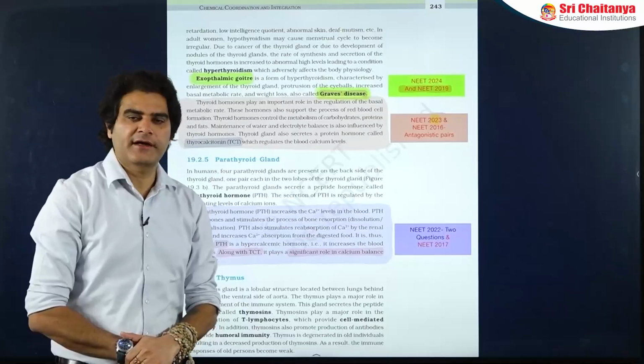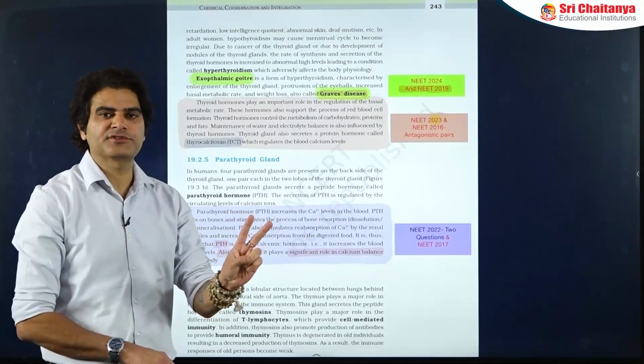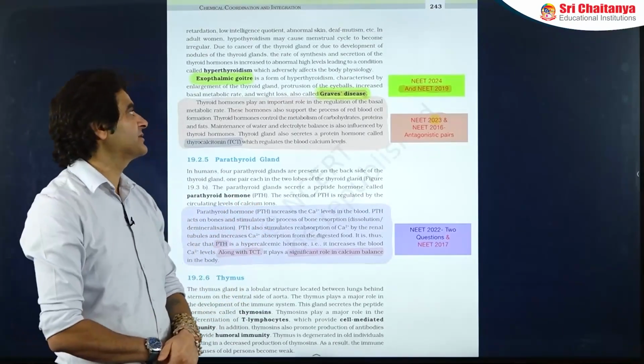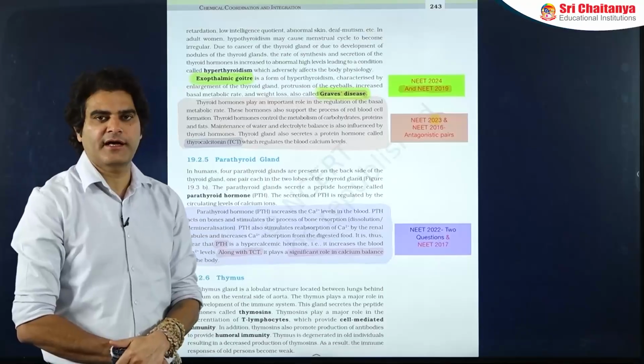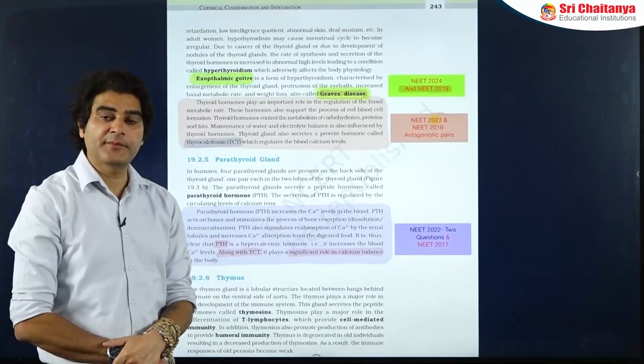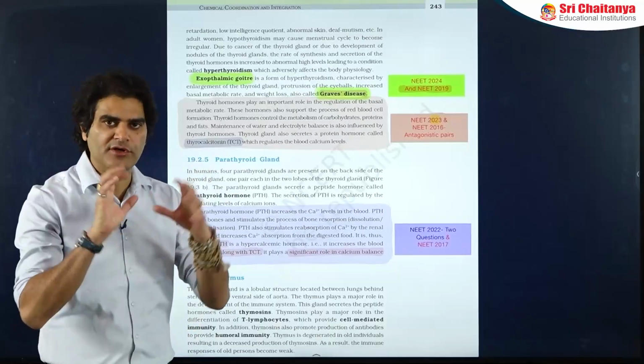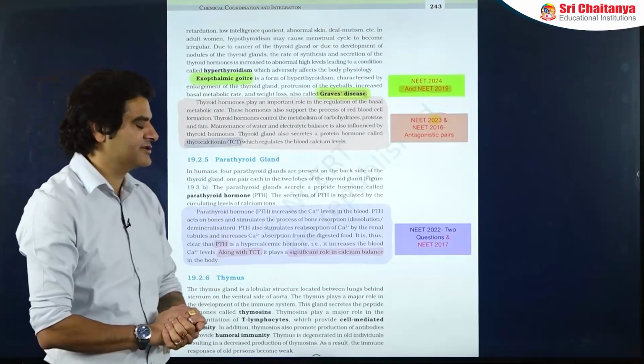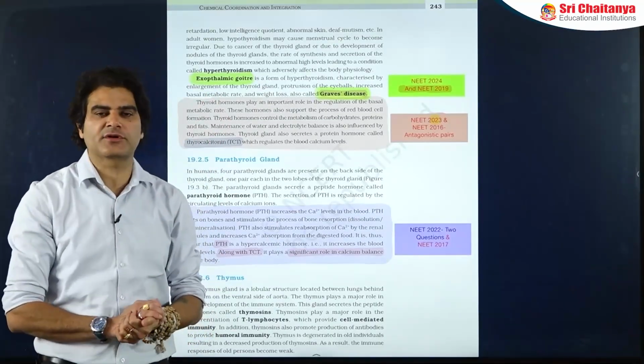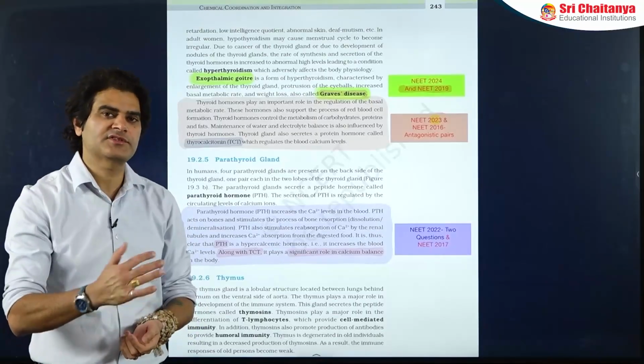Disorders of thyroid gland: hypersecretory and hyposecretory, both of them are important from questions perspective. Exophthalmic goiter, as we saw in the question, is a hypersecretion disorder with excessive production of thyroxine, protrusion of eyeballs, that's why it's called exophthalmos. But there will be hyposecretion disorder also from thyroid, that is called simple goiter.